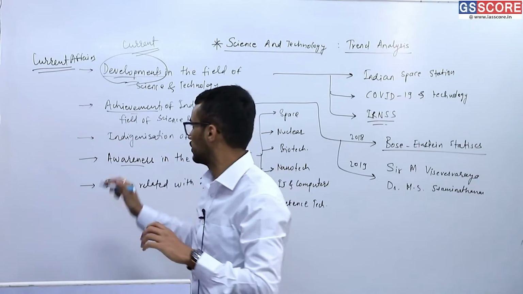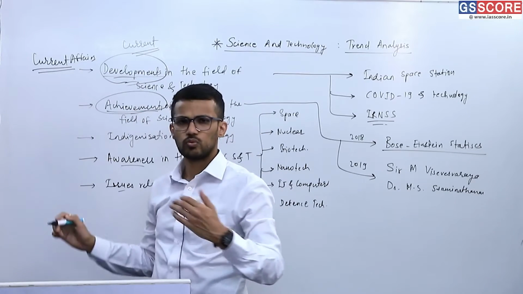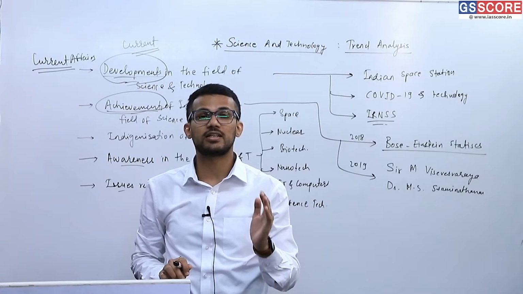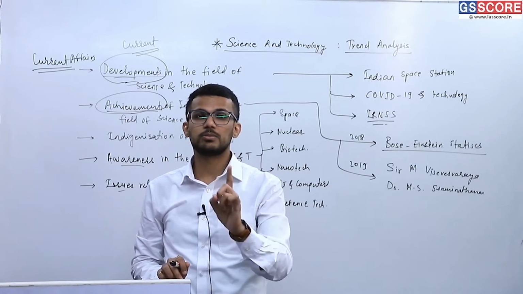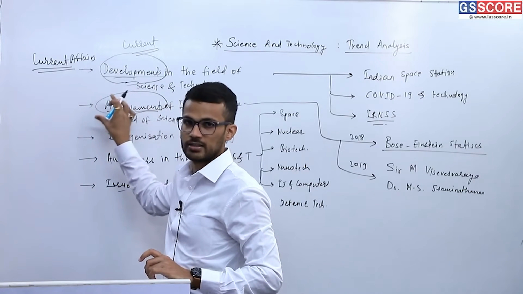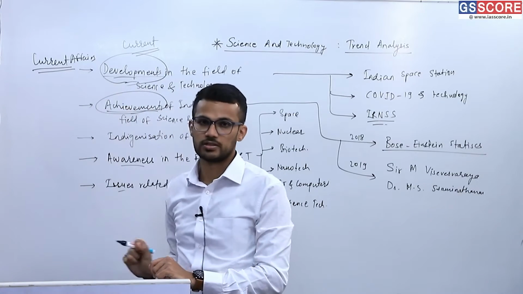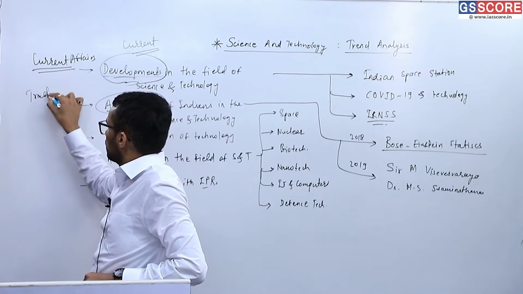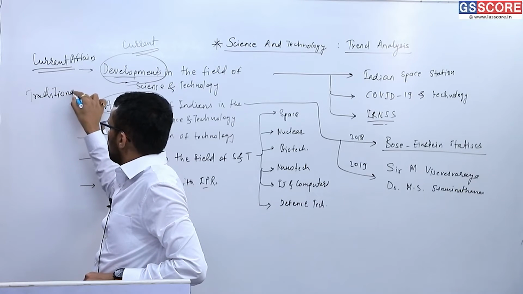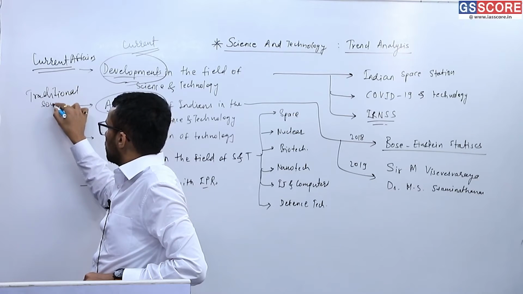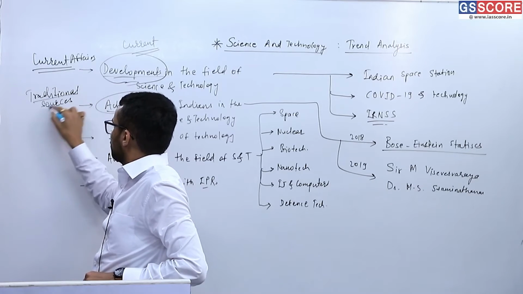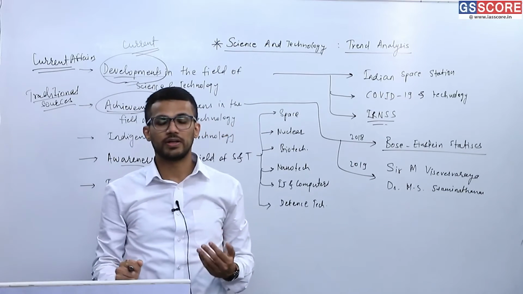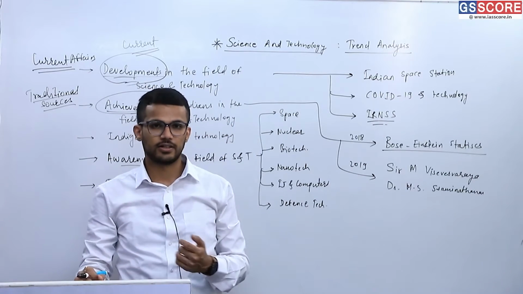That means achievements of Indians, whosoever has contributed in the field of science and technology for India, become important for our examination as far as this topic is concerned. Right. So traditional sources become important. So that is about the achievements of Indians in the field of science and technology.